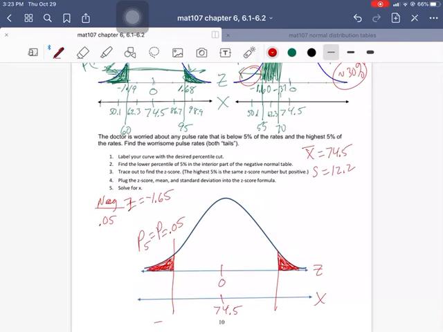And then I need to find out what this is. So this z is negative 1.65. I need to know what this x is down here, that's equivalent to that, okay? So we're going to use that other formula. All right, and we're going to put 74.5 plus our new z times our standard deviation.